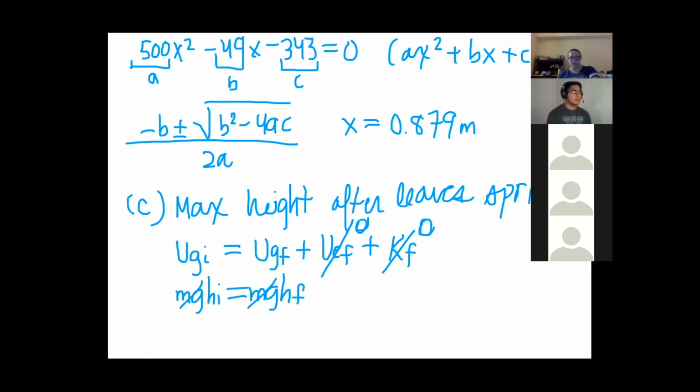Cancel out mg, and we get h initial is equal to h final is equal to our 8 meters. So yes, we expected that it would go to the same height, and we can prove that mathematically. As there is no work non-conserved, no energy is lost, it should go back to the same height.